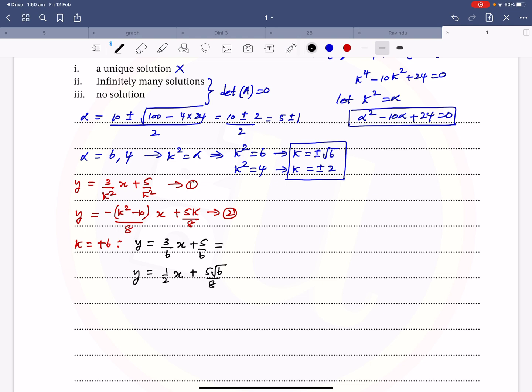The first equation can be written as y is equal to 1 divided by 2 x plus 5 divided by 6.